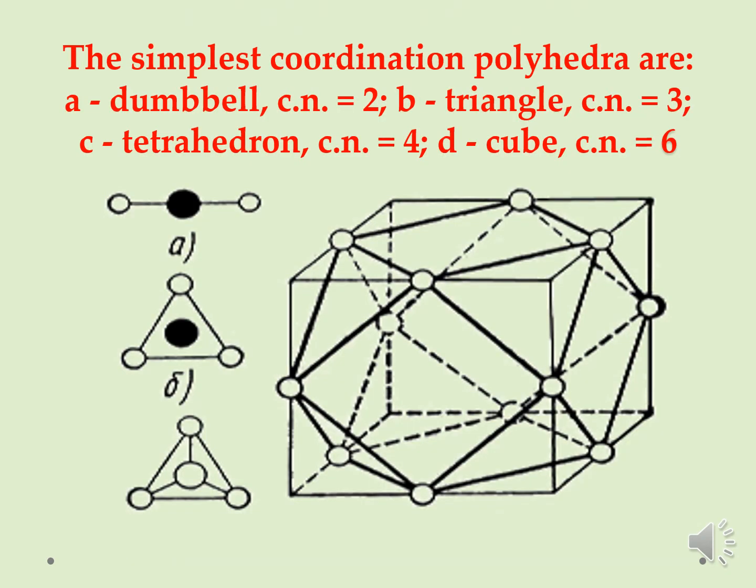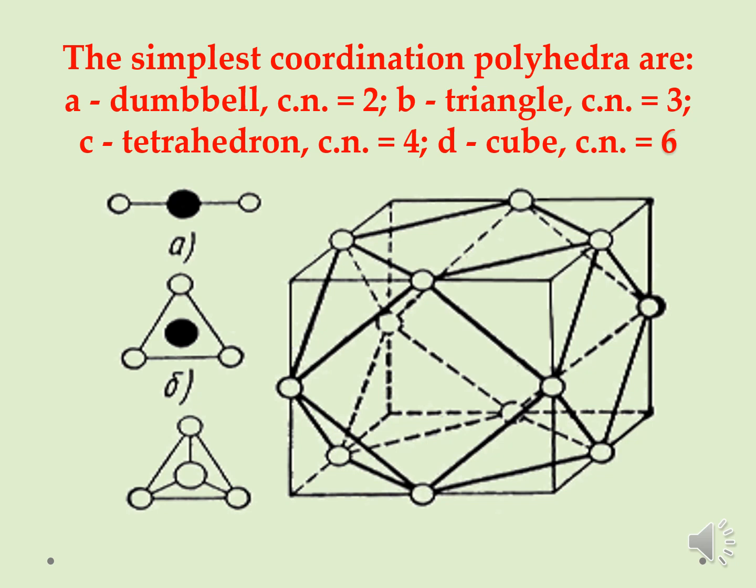Coordination number of the atom or ion is the number of the nearest neighbors of the same type of atoms or ions. It is very important that at the same time, not any type of atoms in the crystal structure.